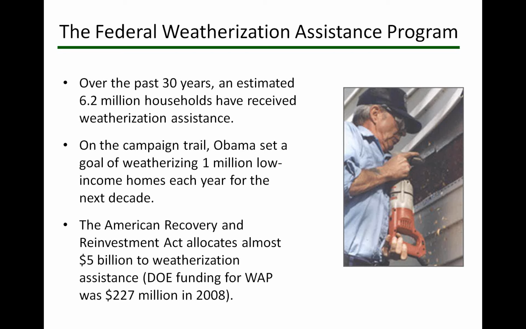And the basic idea of the program is if you are 200% of the poverty line or below, you are potentially eligible for a non-negligible amount of support for weatherization.